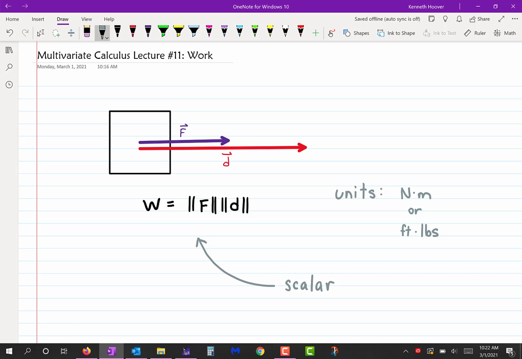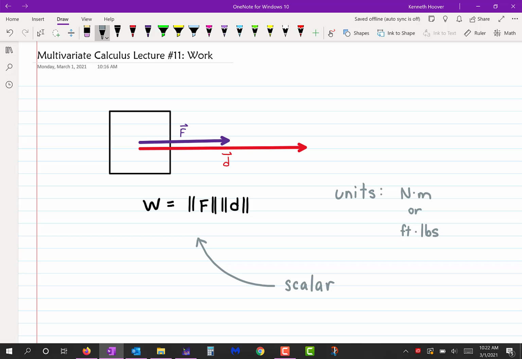All right, so it's really easy to measure work. Here's the catch though. If the object moves in the direction of the force, then you just multiply the strength of the force times the length of the movement.